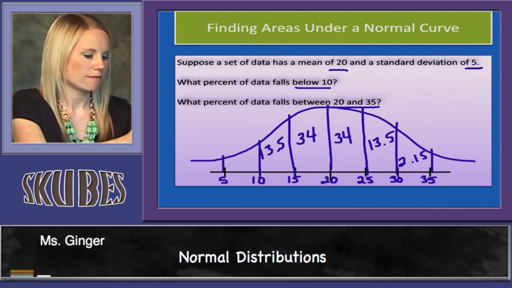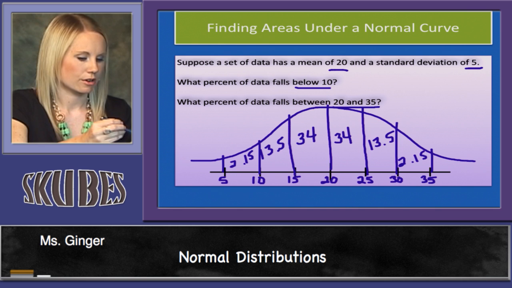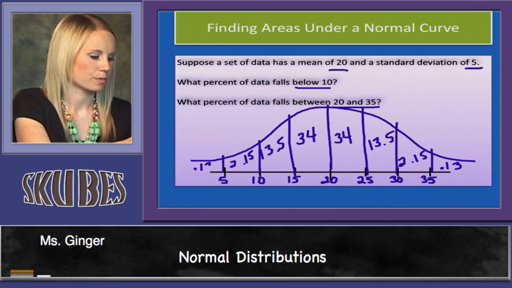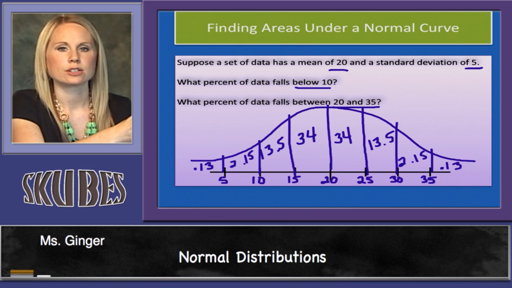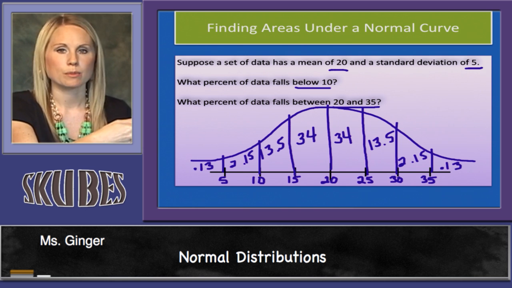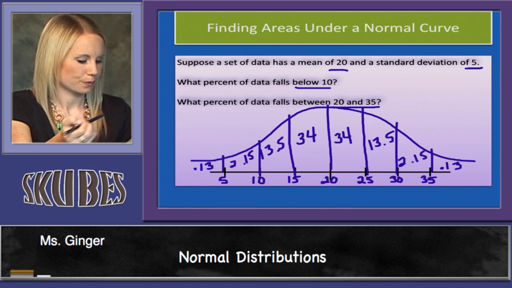And then 2.15. These are percentages under the curve here. And then 0.13 out here in the ends. 0.13%. And the good thing about these percentages is they never change. They will always be the same under a normal curve. So if you memorize them, then you'll have them for each future use.